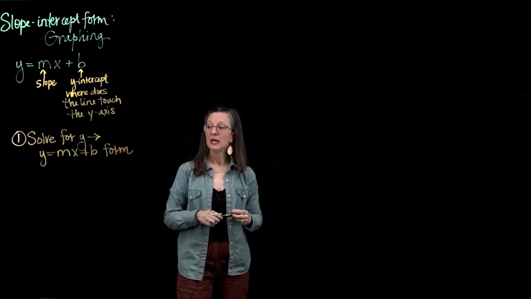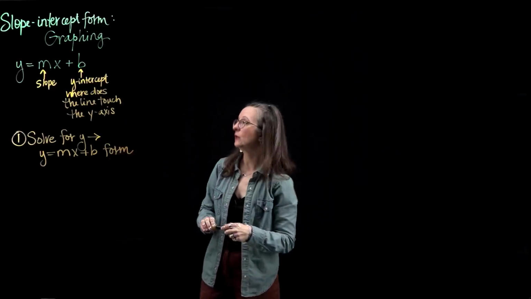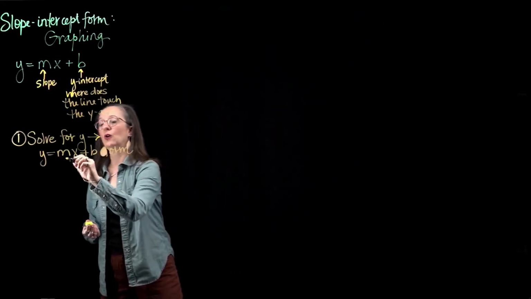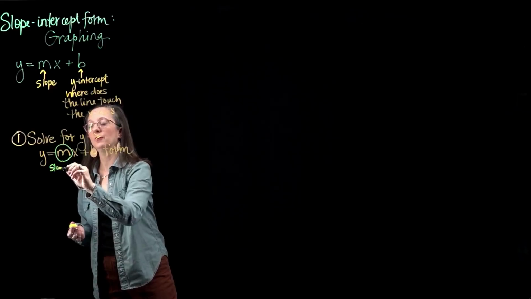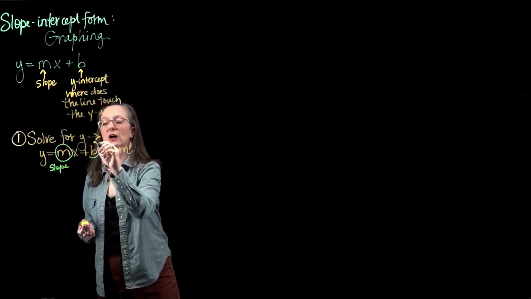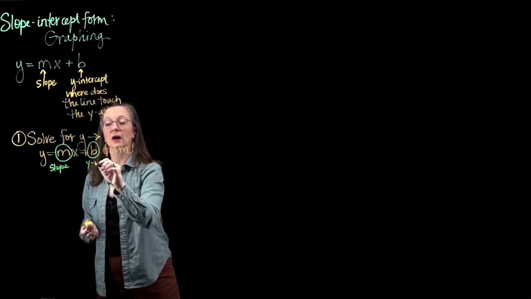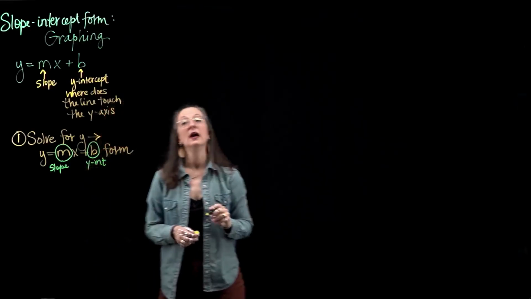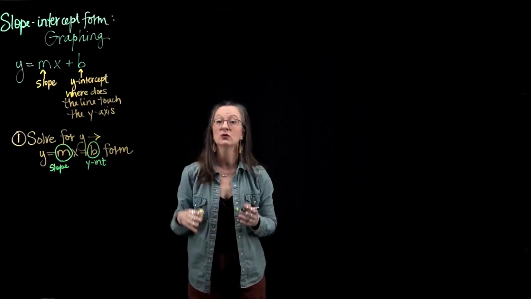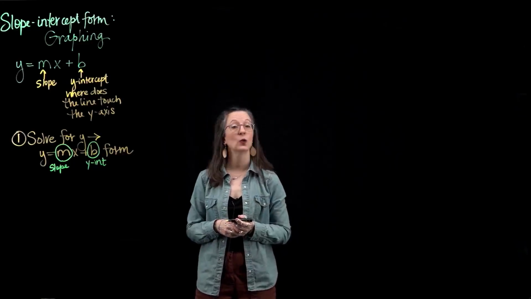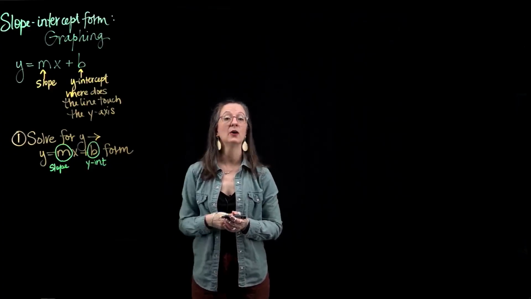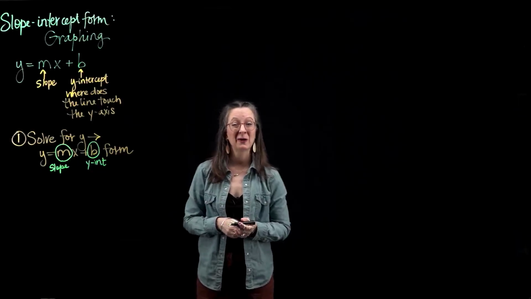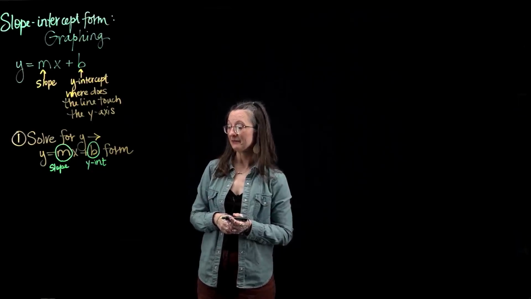Then when we look at it, we will know that the coefficient on x describes our slope, and the constant describes our y-intercept. I like to label those once I have solved the equation for y. I like to write down what my slope is and what my y-intercept is.